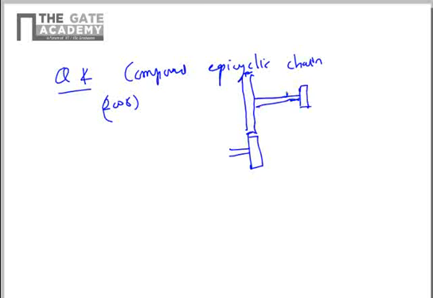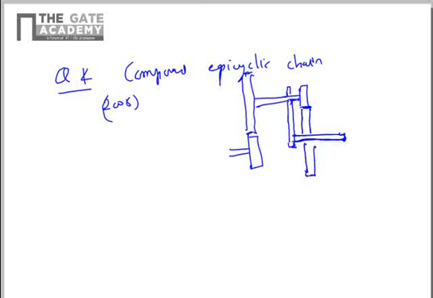This compound gear arrangement is supported by the leg or the carrier. The output of the leg is somewhere here, and the leg will come inside a sun gear. So this is the second sun gear.